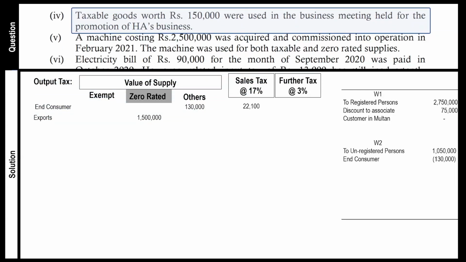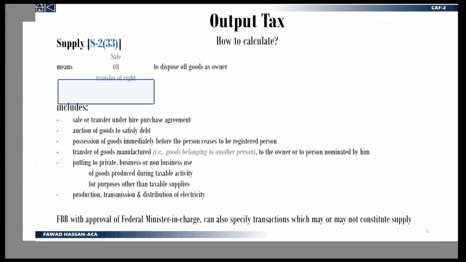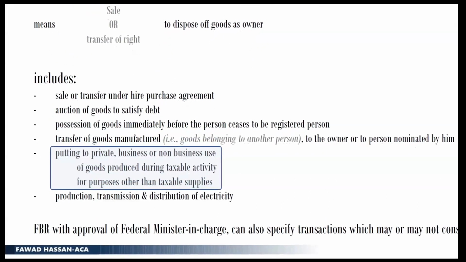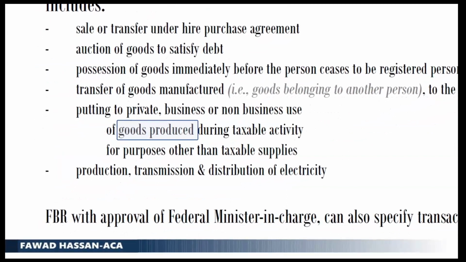Para 4 contains information about some goods used in your own business meeting. Recall notes slide for definition of supply. It says that if any of your manufactured goods are used for private or business or non-business use, it will be treated as supply. Important words to note are, goods produced. If you are using some goods, which you have produced or manufactured yourself, then these will be treated as supply.